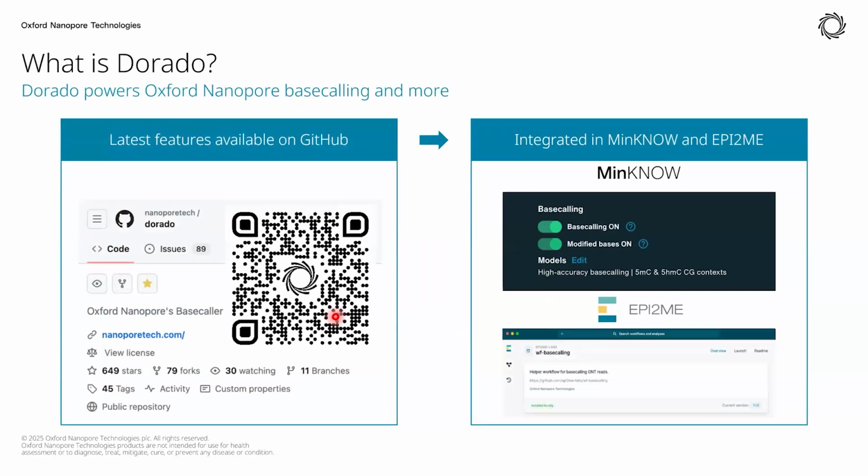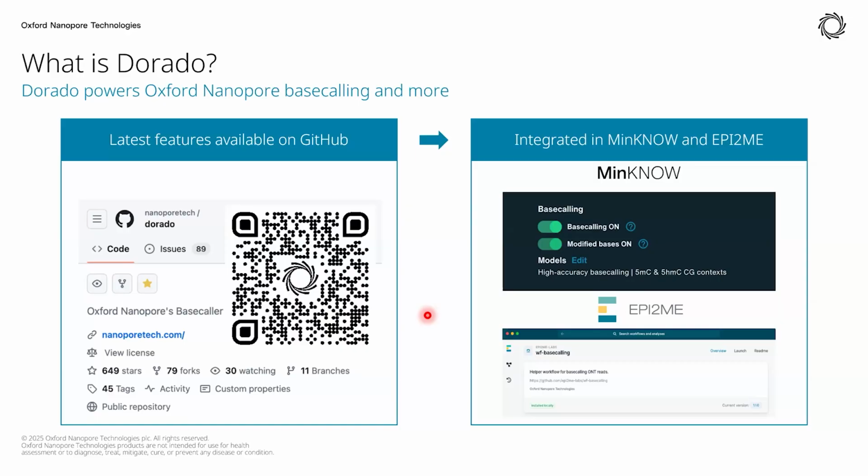Okay, so Dorado is the software that we use for base calling. It is integrated into Minnow as well as that WF base calling workflow. But you can also find it on GitHub. And the GitHub is basically the bleeding edge of the release for the Dorado software. So new features, new base calling models, they all make their way there first.